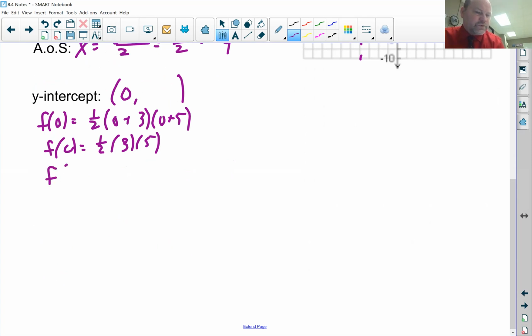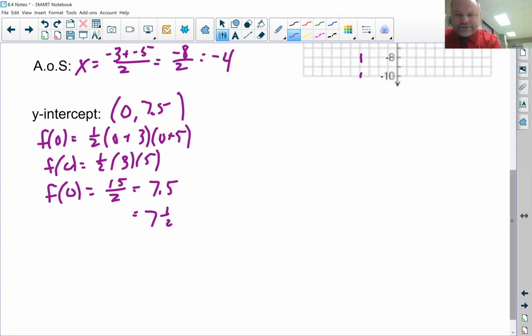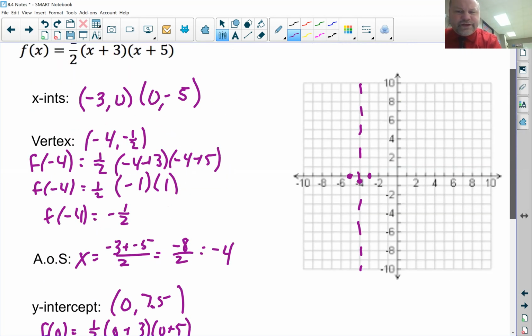And 15 times 1/2, well, that would be 15/2. For graphing, it's probably easier to find that as a decimal. I know I usually put everything in fraction form, but sometimes it's easier to have a decimal rather than a fraction. You could also make it a mixed number, 7.5. All of those three values are actually the same. So we're going to go to 7.5.